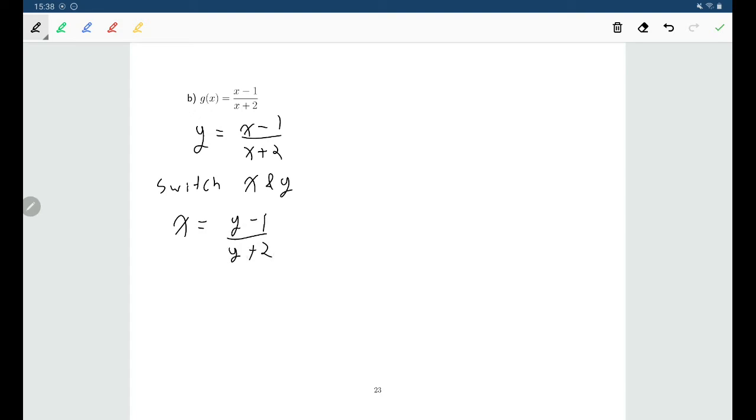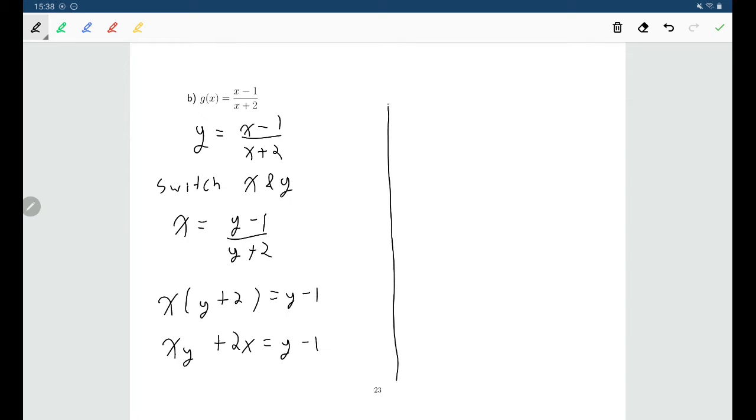And now I'll solve for y by bringing that denominator up, expanding, and I'm going to now bring everybody with y's onto one side, and I'll bring everybody that doesn't have a y to the other side.